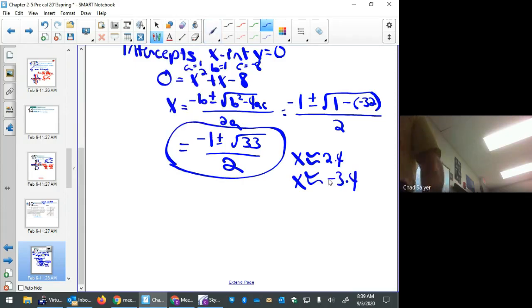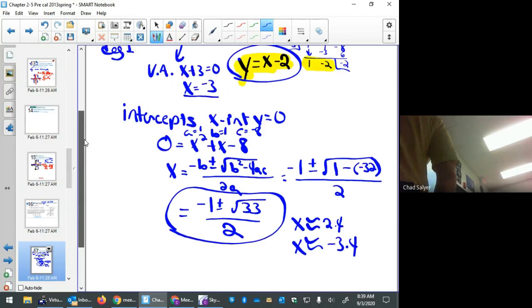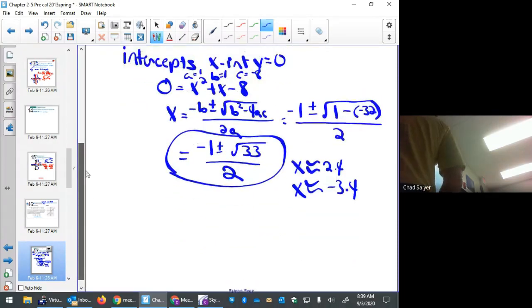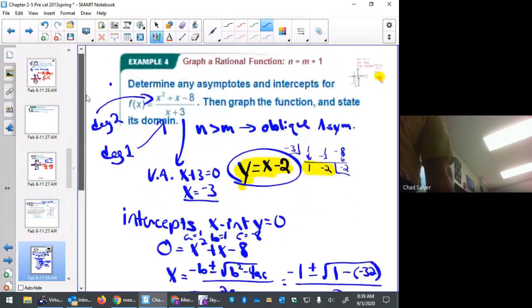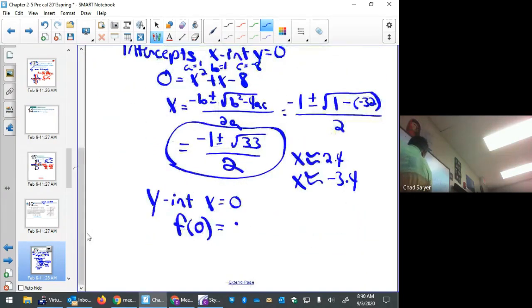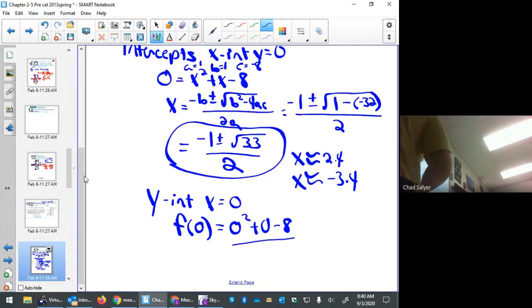Just as an estimate. So that gives us our x-intercepts. Our y-intercept is going to occur where x equals 0. So we just have to find f of 0. That's going to be 0 squared plus 0 minus 8 over 0 plus 3.